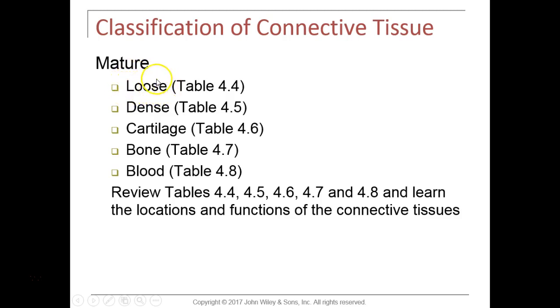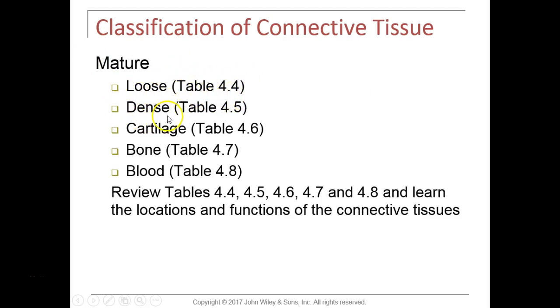All right, so there's three basic types of loose connective tissues. We have areolar connective tissue, which I just identified. We have reticular connective tissue and adipose tissue. Those three tissue types can be found in table 4.4.